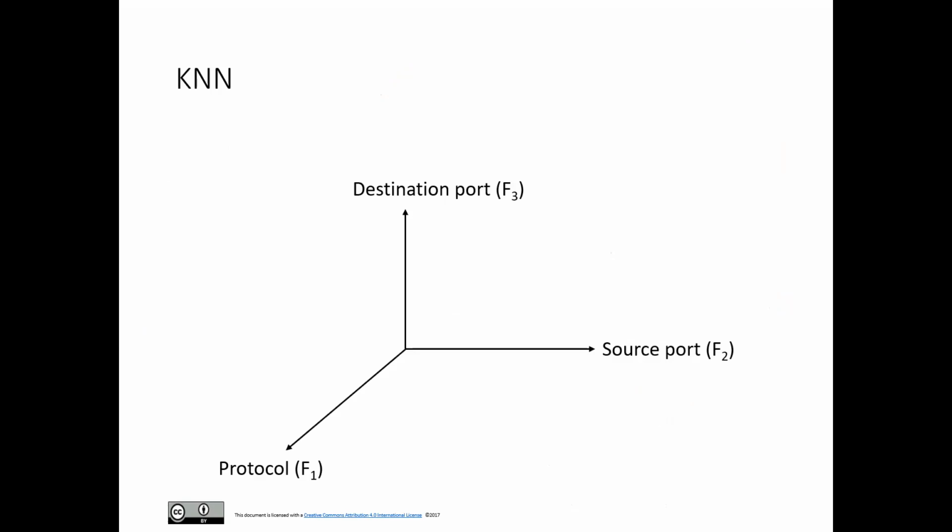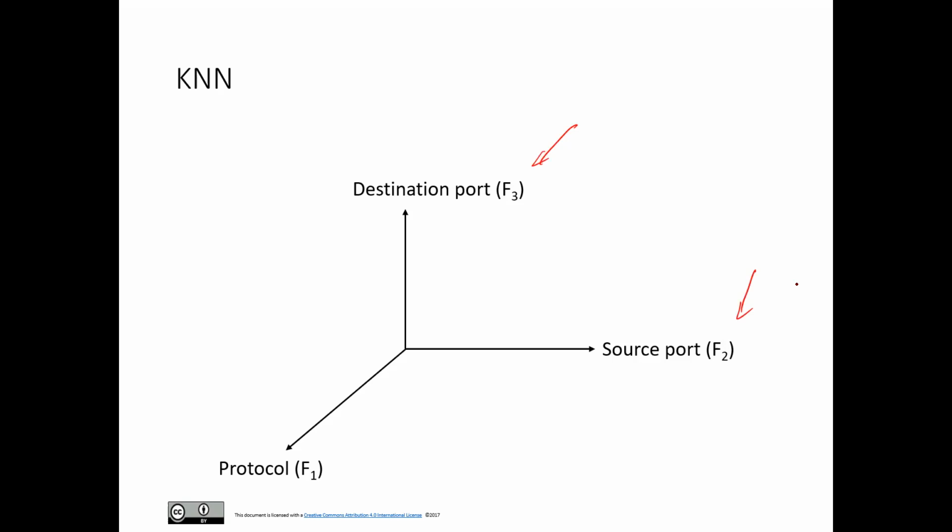Now we can more explicitly think about this. I have a protocol, right? The protocol that's in the IP header. Is this a TCP packet, UDP packet, ICMP packet? That's the number that's going to be in there. Destination port, source port.